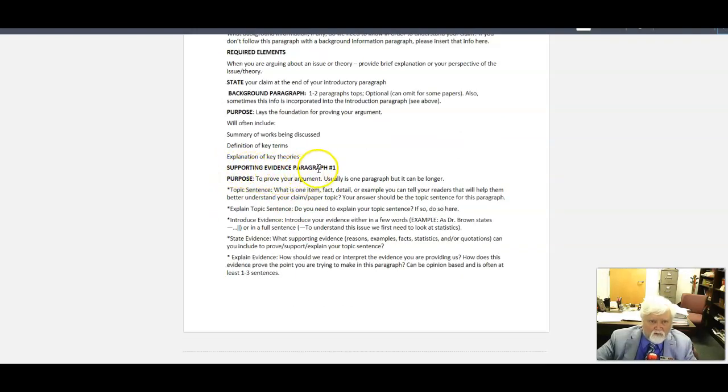This would be like point number 1, your first major point, what needs to go into it, how that should be structured, having a topic sentence for a paragraph where you present the idea that paragraph will develop, explain how it fits toward the overall essay, that's part of it, introduce evidence that's going to be used to develop this key point, state what the evidence is, then explain the evidence, how it connects to the point and connects to the overriding issue.